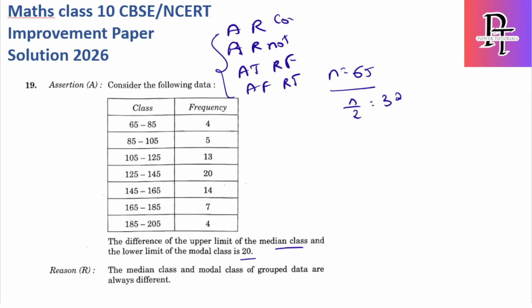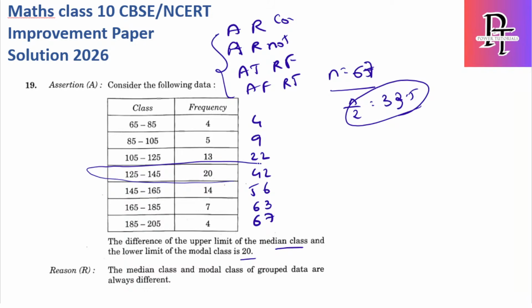N by 2 value is 33.5. For the median class, we look at the cumulative frequencies: 4, 9, 22, 42, 56, 63, 67. Which value has 33.5? It is this value.